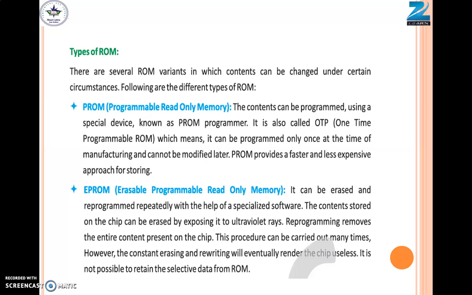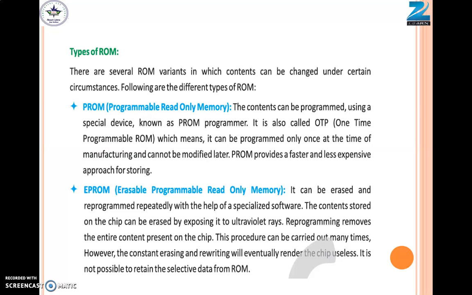It is also called OTP, one-time programmable ROM, because when we make or design any device, a program is written on it one time, and afterward we cannot change it. It can be programmed only once at the time of manufacturing and cannot be modified later. PROM provides a faster and less expensive approach for storing. Most one-time programmable devices use the PROM type of ROM.